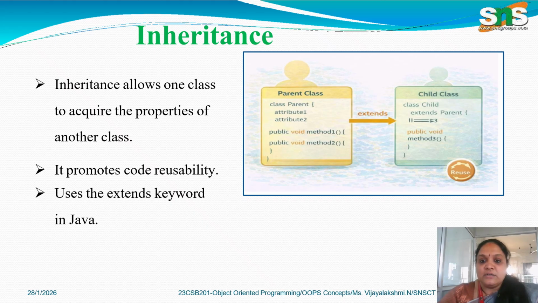The parent class has attributes and methods, method 1 and method 2. If I use the keyword extends, the child class can easily acquire the content of the parent class. What is the advantage of using inheritance? We need not repeat the same lines repeatedly in the same program. We can just acquire the properties of the parent class into the child class. That's all.